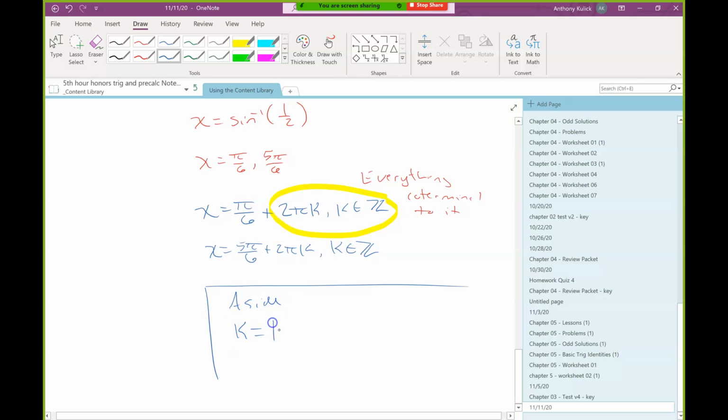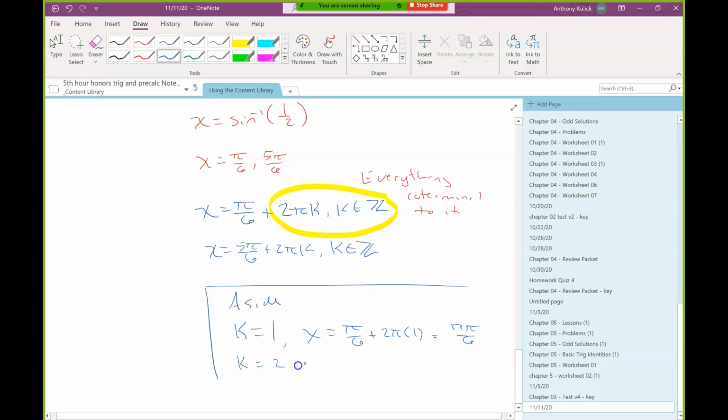So for example, if k equals 1, then we have pi over 6 plus 2 pi times 1, which becomes, when we make a common denominator, 12 pi over 6. So it'd be 13 pi over 6 as another answer.